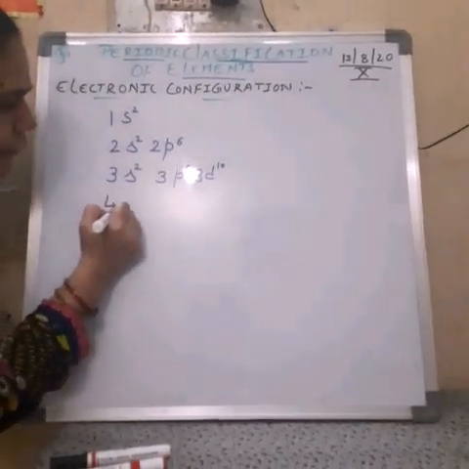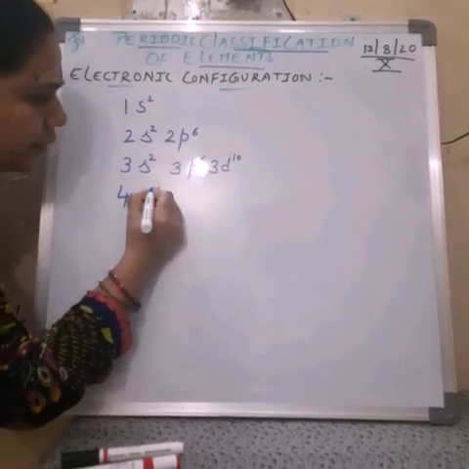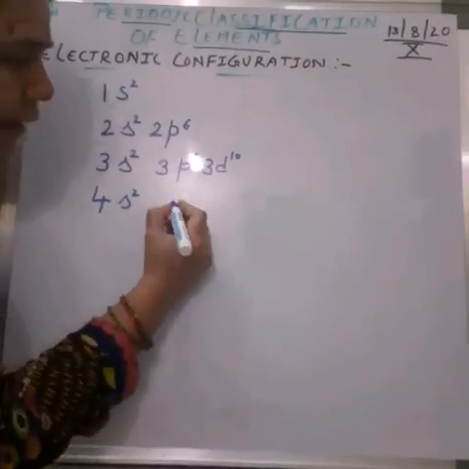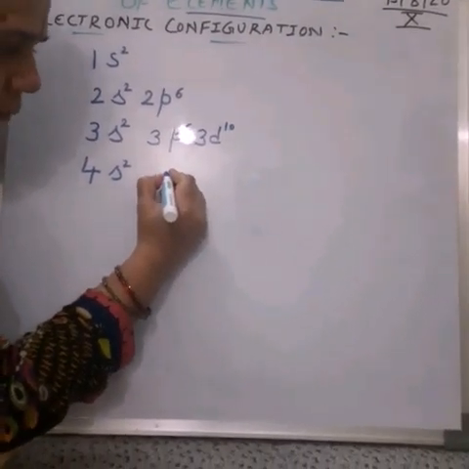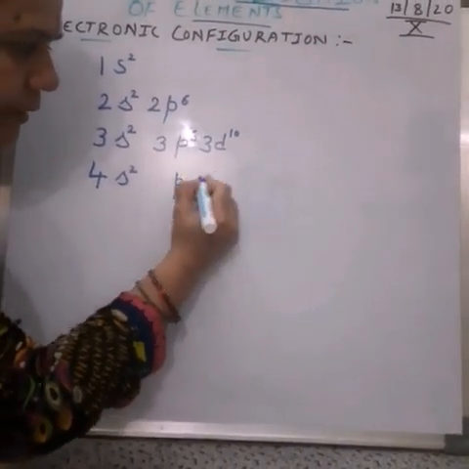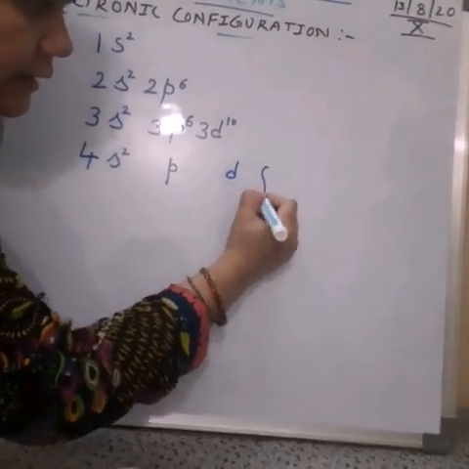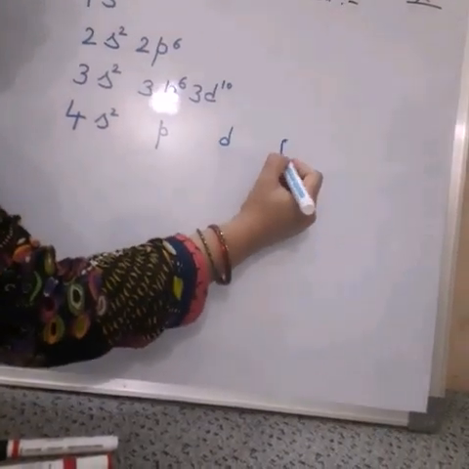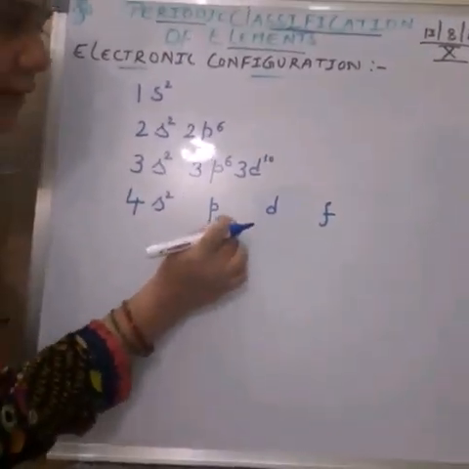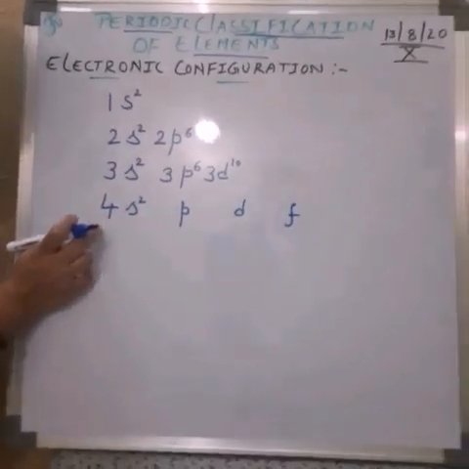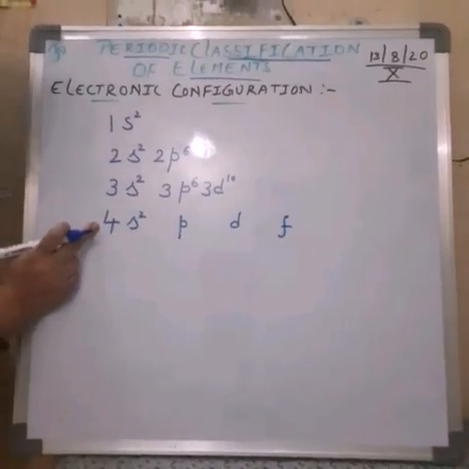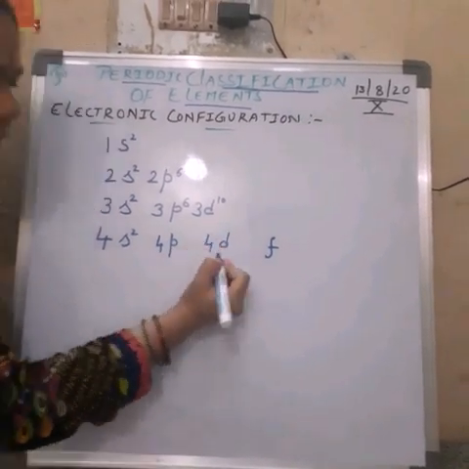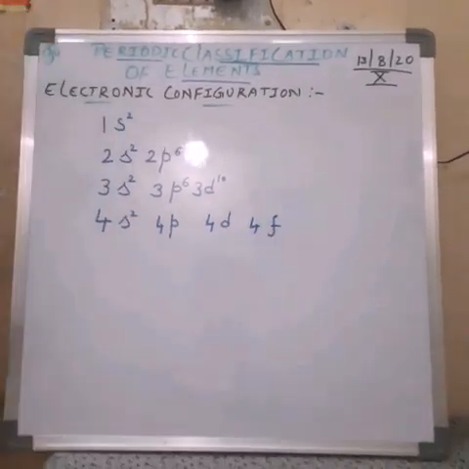Then comes 4, so 4s. Since the value is 4, there are 4 orbitals: S, P, D and F. Since these orbitals belong to the 4th shell, we mention them as 4p, 4d and 4f.